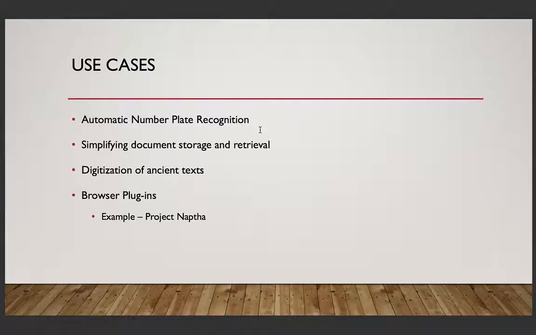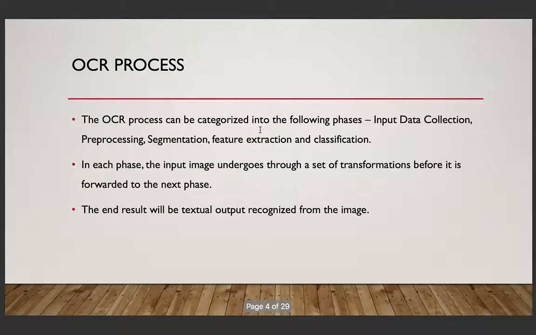This plugin does this with such simplicity that the user will have an enhanced experience and can extract text out of images, which was not possible previously. So moving on to the process.